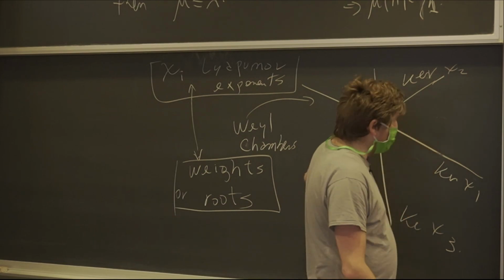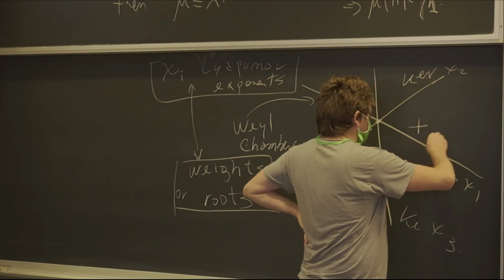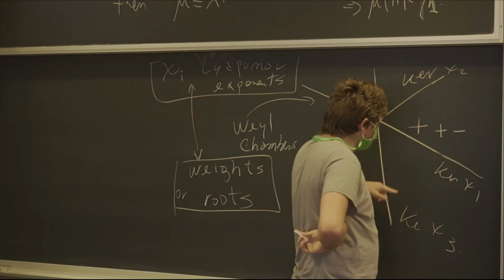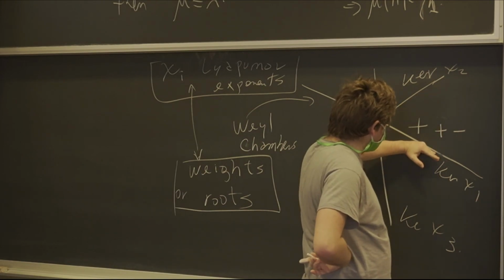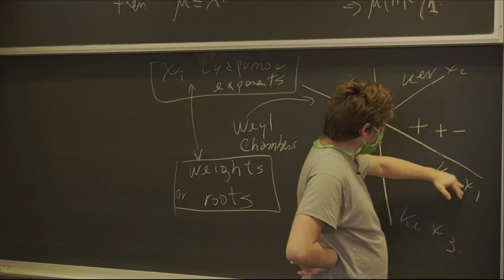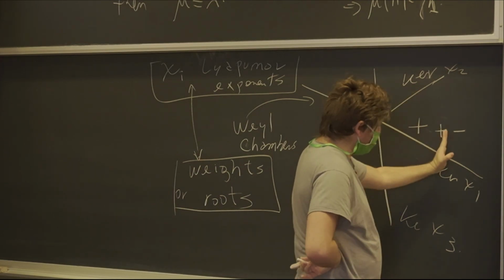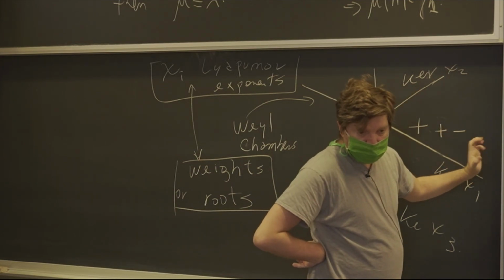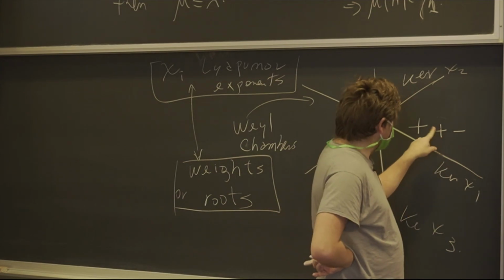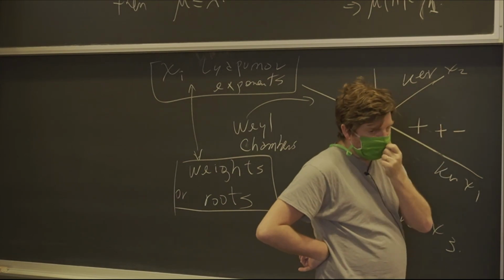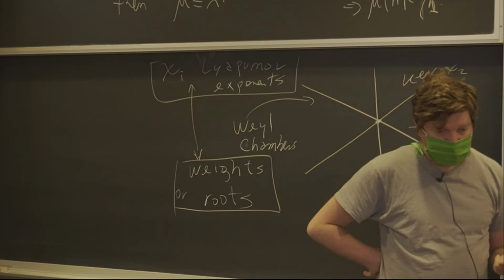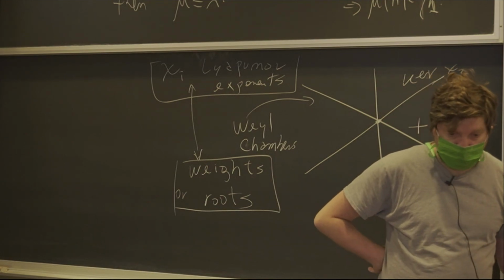So typically we have something like plus minus, meaning that on this cone the first one is positive. So for chi1 this is positive, for chi2 this is positive, and for chi3 this part is negative. Okay, and you cannot have all three with the same sign, because the sum of the three is 0. So if two are positive, the third one has to be negative.